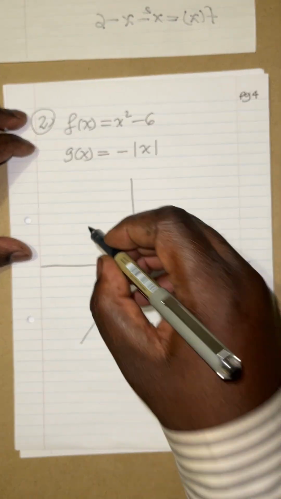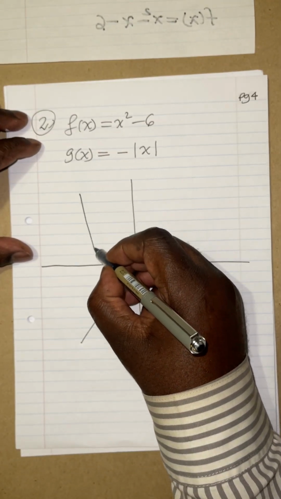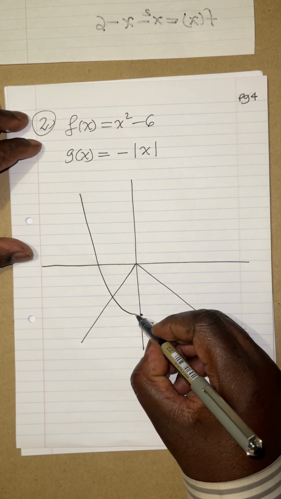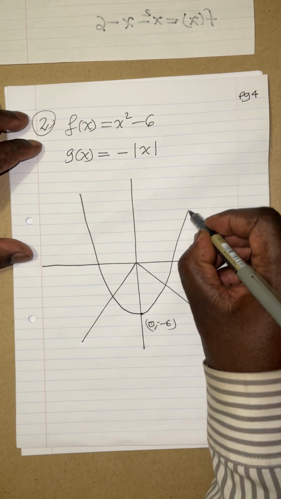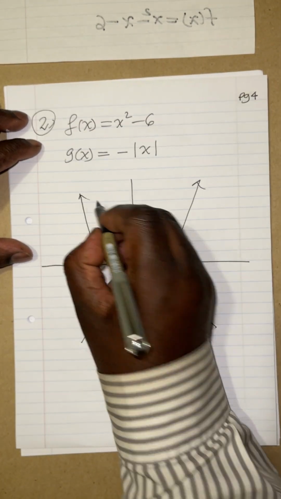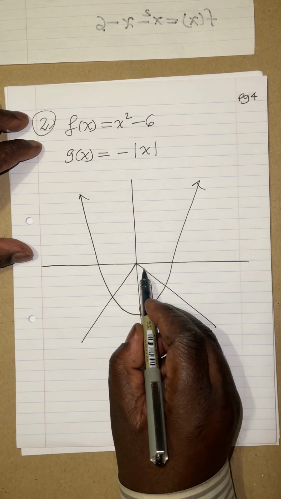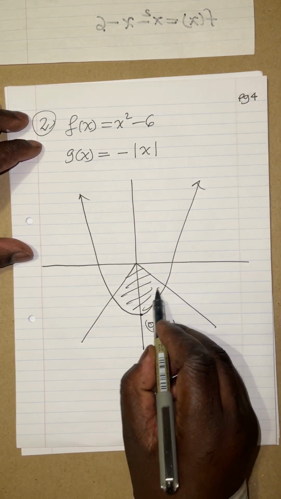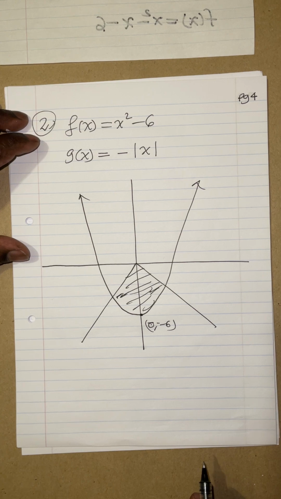So I'm going to sketch it like this, turning point there. So the area we're interested in is this area here, the area bounded by the two functions.